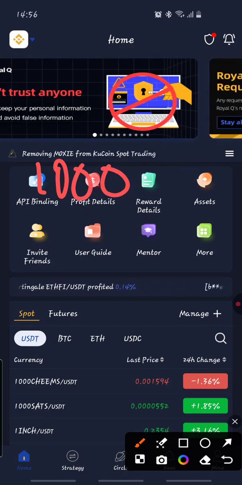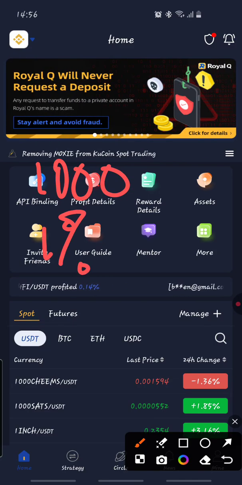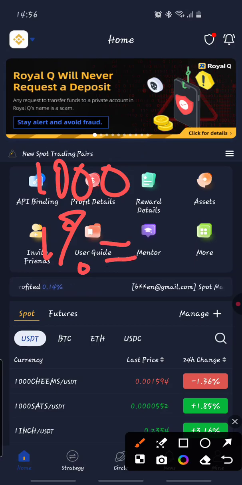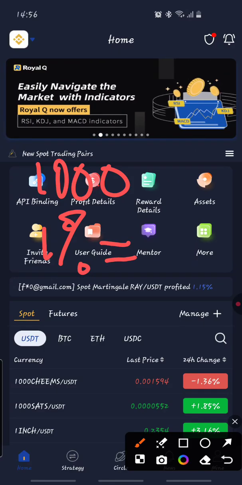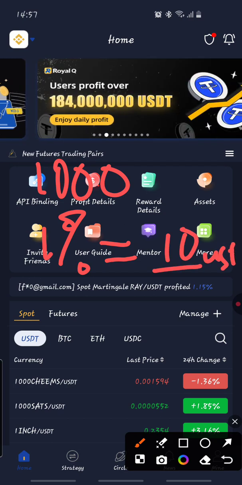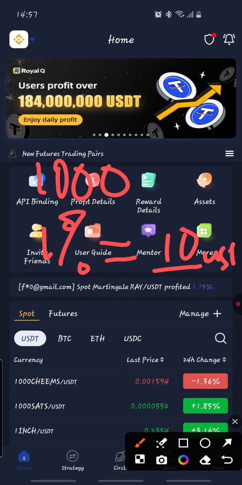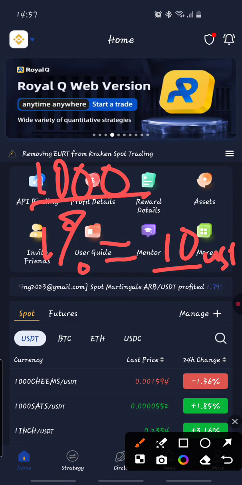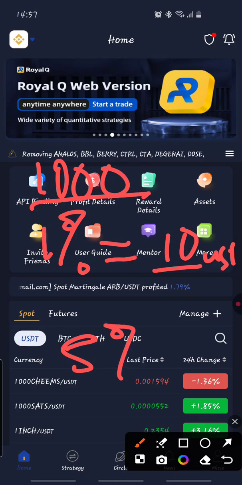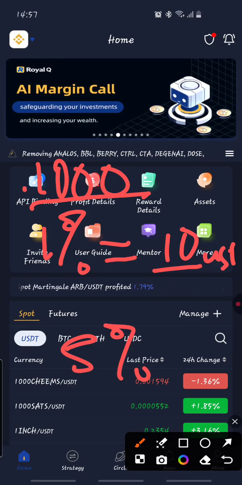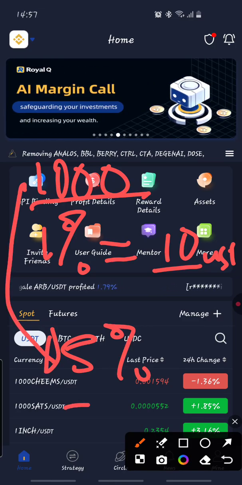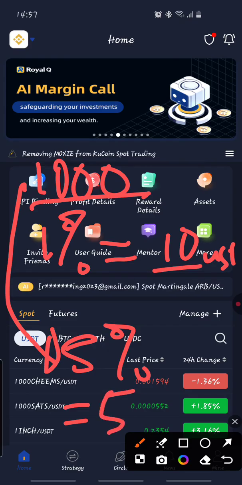If the market rises by 1%, 1% of this will be $10. But if I have $1,000 as capital and I set 5% profit, that means from this $1,000 I'll make something like $50 as profit.